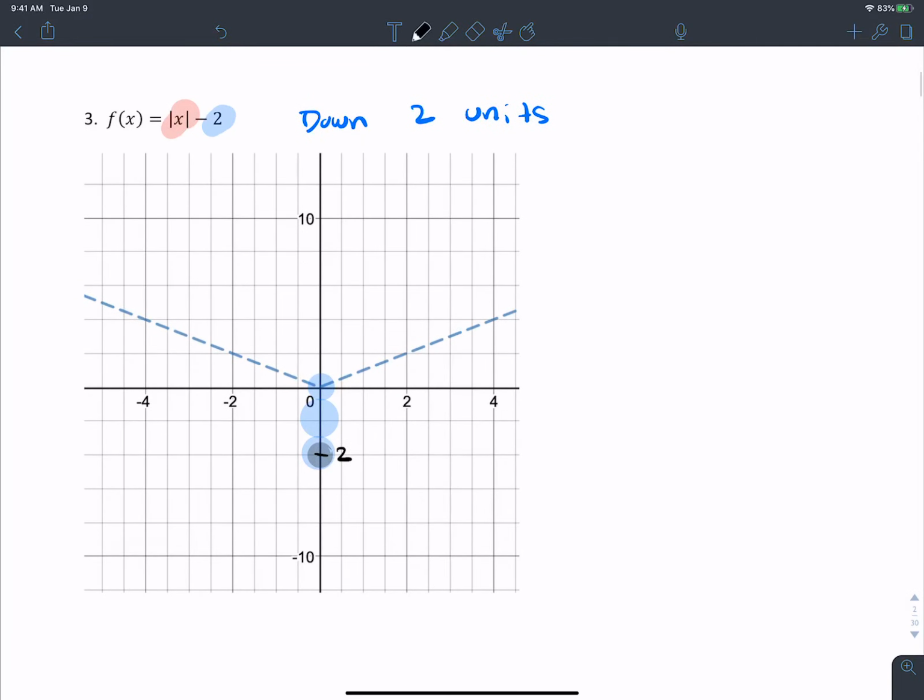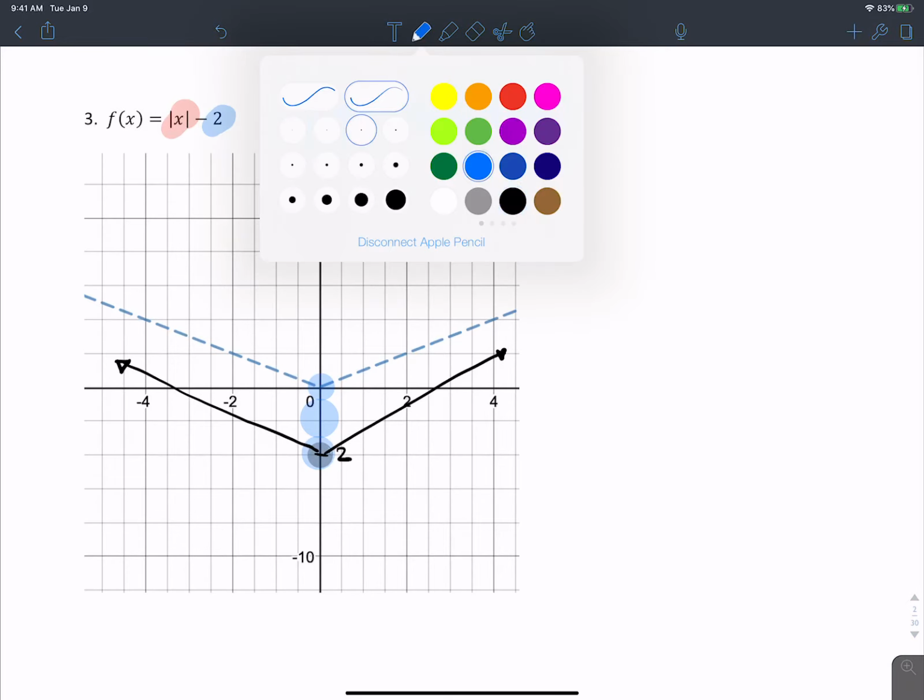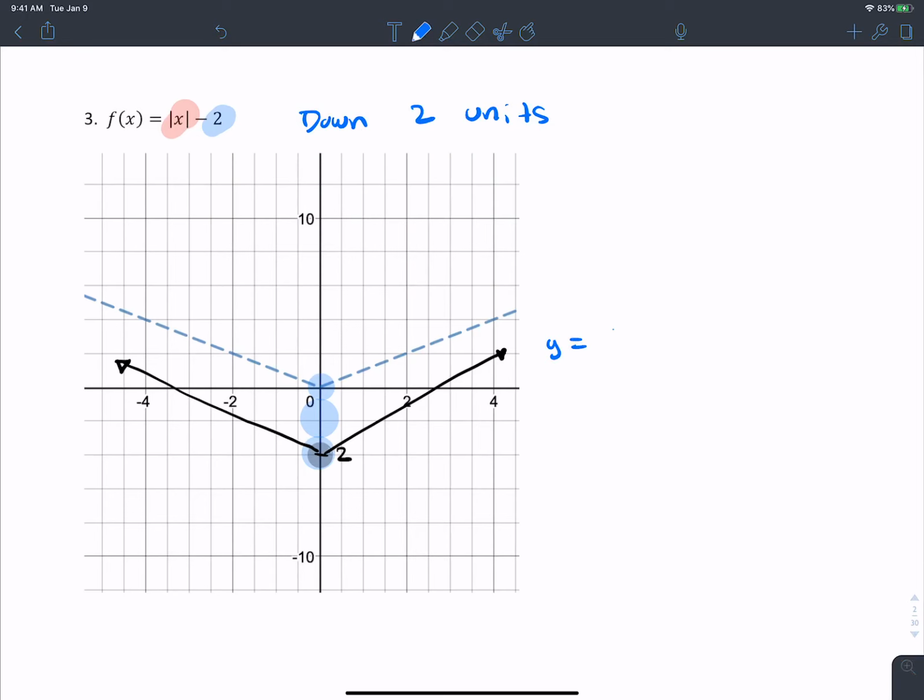And now we just have to actually sketch the curve like we did prior, meaning draw these lines here, just like what you see above. Now this is just a sketch, it's not very accurate. And so this is how we graph the curve of y equals the absolute value of x minus 2. It's a downshift.